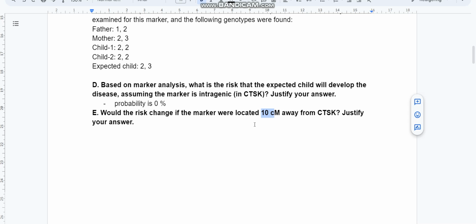Of course, the recombination frequency would increase also. So yes, the risk would increase here, as there is a risk of recombination between the marker and the disease locus. So the risk increases.